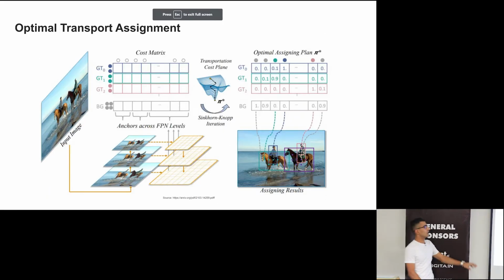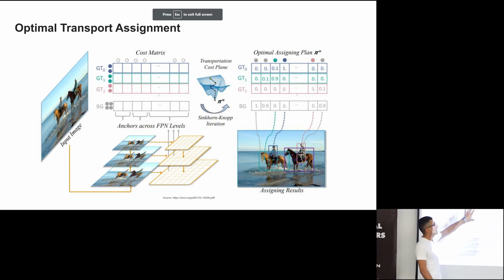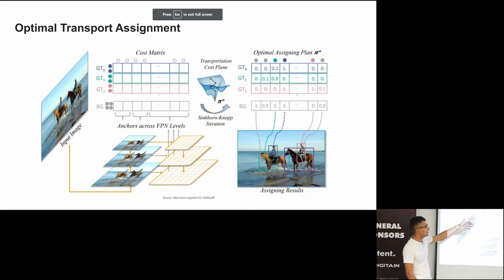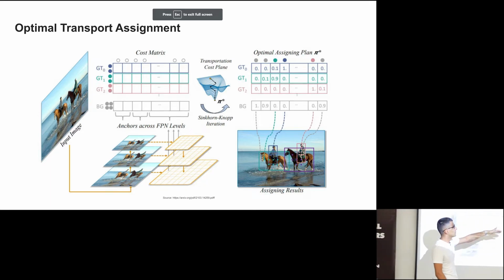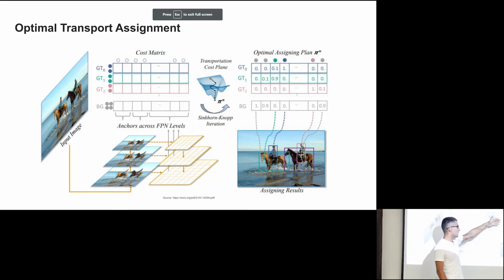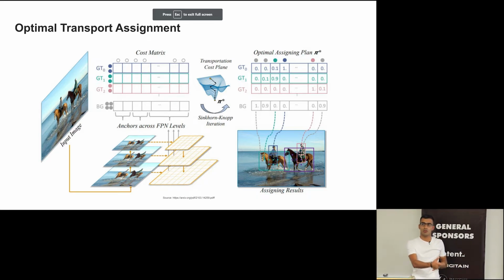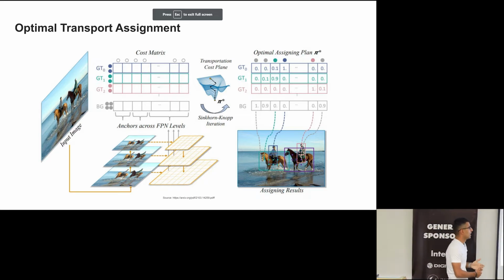This image is more illustrative. We have the cost matrix, and then we apply Sinkhorn iterations so that we get the assignment matrix, which basically tells us whether the anchor gets assigned to the background or to an actual target.